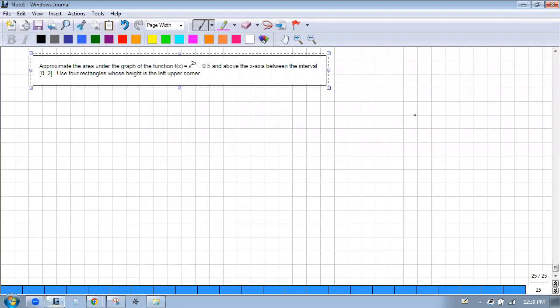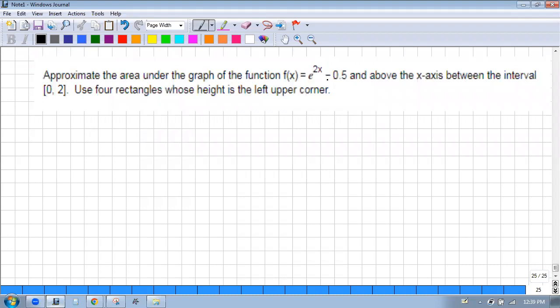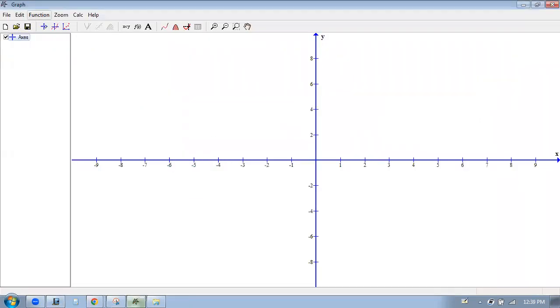Approximate the area under the graph and above the x-axis between 0 and 2. Use 4 rectangles. Okay, so they want us to do an approximation using rectangles here. E to the 2x minus 1/2. Let's graph this dude.